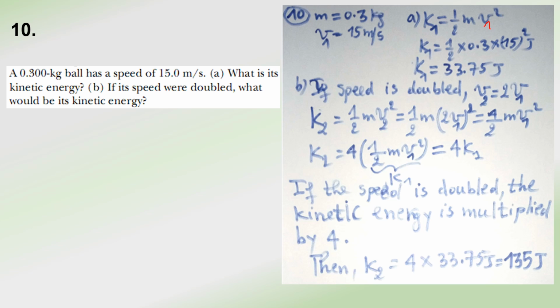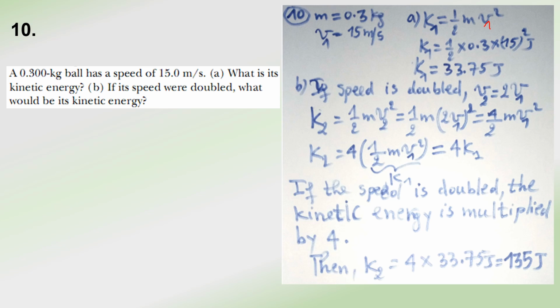Then if the speed is doubled, what would be its kinetic energy? It means that the second speed is double, that is 2 times the initial speed. What is the second kinetic energy? The second kinetic energy equals 1 over 2 times mass times the square of the second velocity.